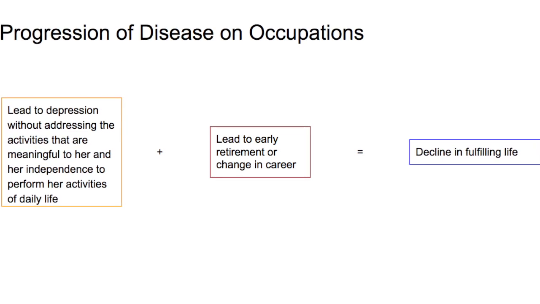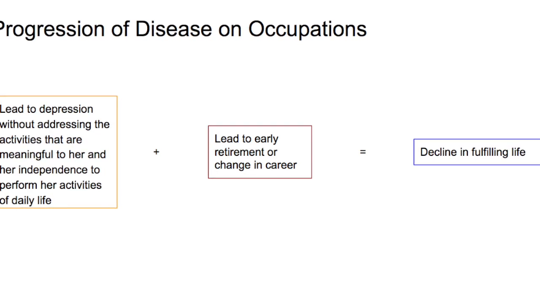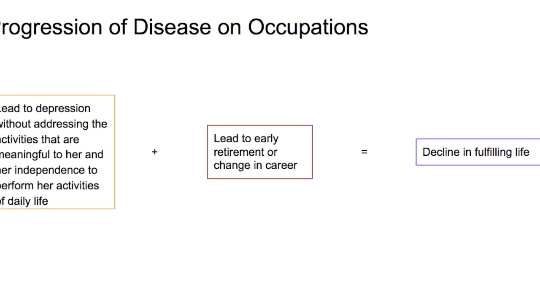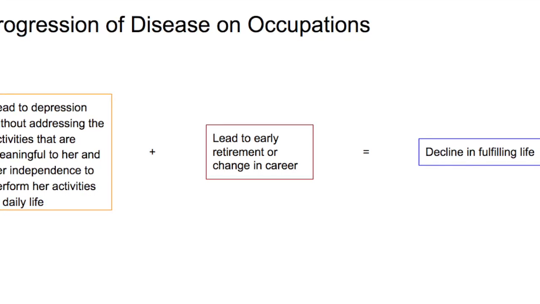Plus, will lead to early retirement or change in career because of the depression and because of the fatigue, and then will equal to a decline in a fulfilling life.